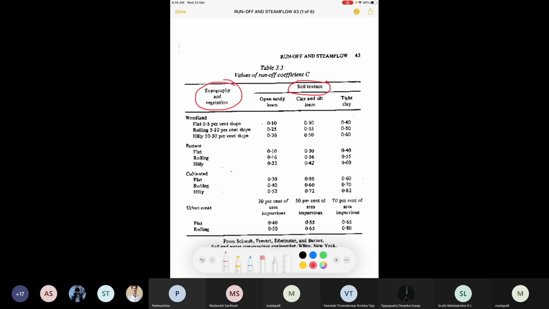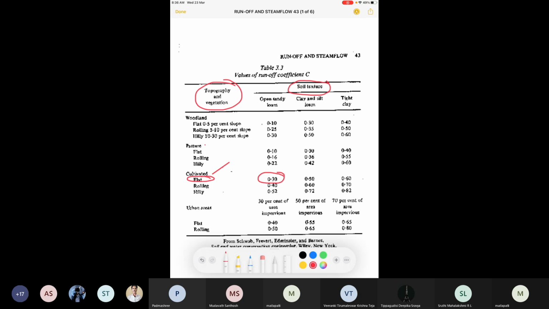For example, for cultivated land with flat slope, open sandy loam or clay loam, the expected C value will be 0.3 in this case. So the table will be given, and you have to pick the correct number and assign it to the C value.